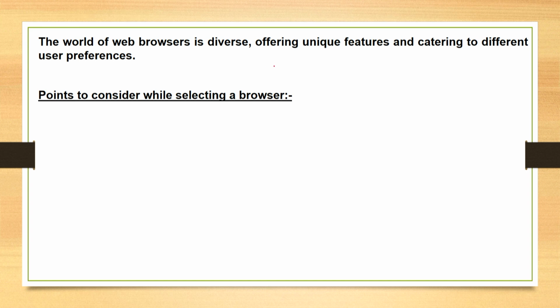So, how to decide how to select the given browser? Points to consider while selecting a browser are the key points that one should focus on. Number one, performance. Performance means how quickly the page is loaded.